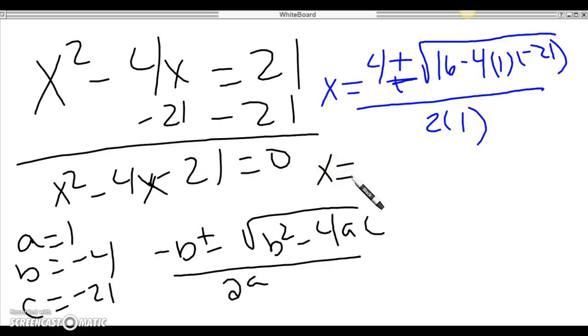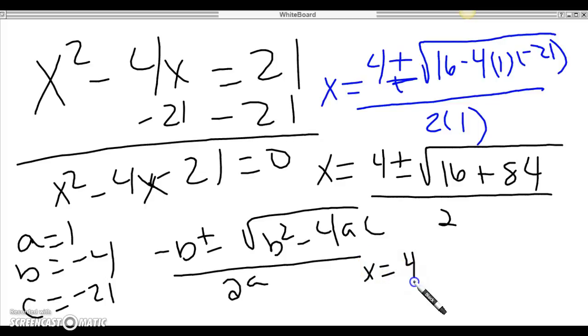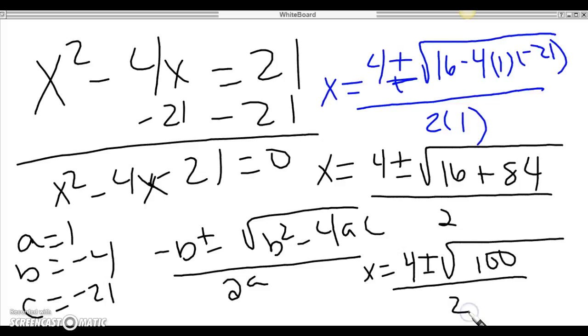So I get x is equal to 4 plus or minus the square root of 16 plus 84, all over 2. I have to keep evaluating that: 4 plus or minus the square root of 100, divided by 2.